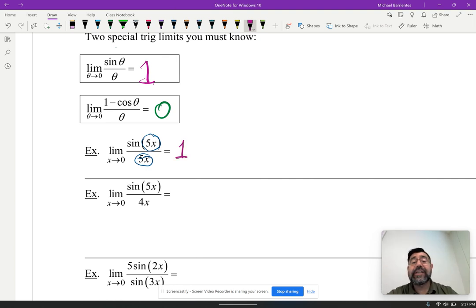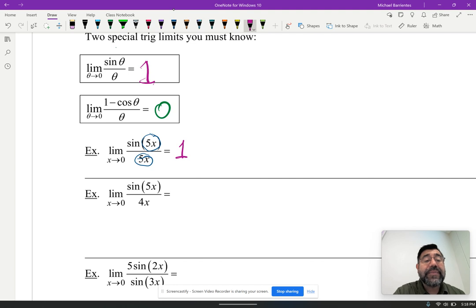So this doesn't look like the box, but it follows the pattern of the box, meaning that I have this inside of the sine function and this denominator the same. The x is approaching 0, so this thing that I circled in blue is approaching 0. Because that's what's supposed to happen, right?